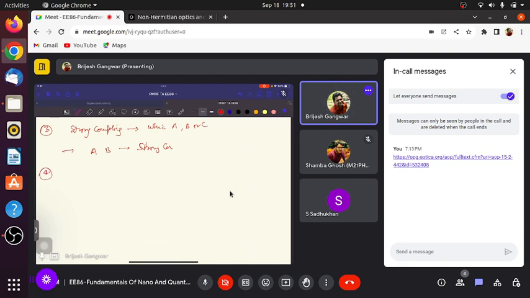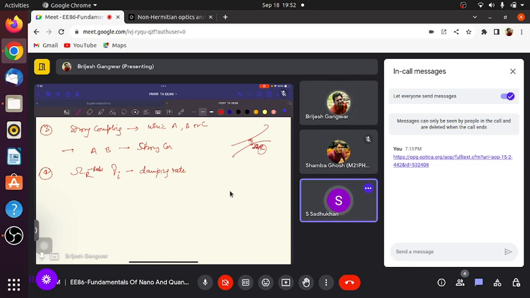Similarly, let omega r be the Rabi oscillation frequency. Okay, now I got it. It's terminology. So omega r is the Rabi oscillation frequency and gamma i is the damping rate. This is the Rabi splitting. Whenever I am talking about this omega, this is the omega r only. What is the splitting?